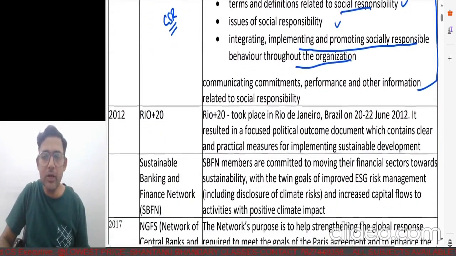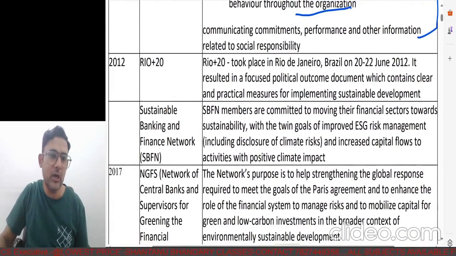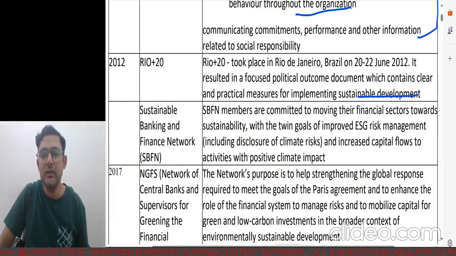So above we have studied Rio de Janeiro, and now we have Rio plus 20. This was the summit where for the first time the word sustainable development came up. OECD was the very first conference where we introduced the word corporate governance, while Rio Plus 20 is the summit where sustainable development, which is also a kind of inclusive word that includes everything we have talked about above, be it economy, environment, society, or corporate governance.